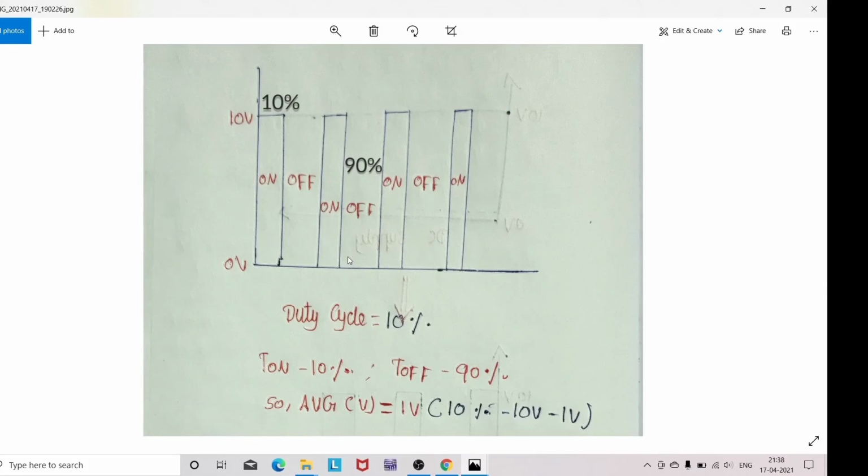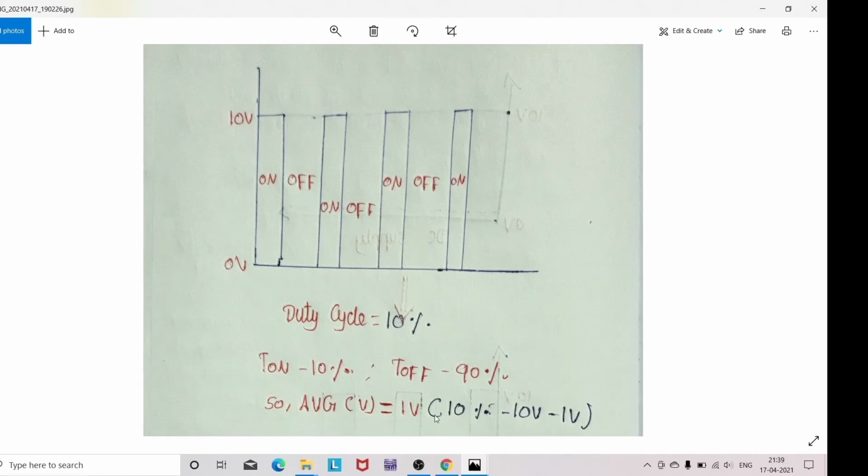For example, we assume an LED with a battery. In 1 second we give 10 percent on time, 90 percent off. When applied to the waveform, the result will be blink, blank, blink, blank.